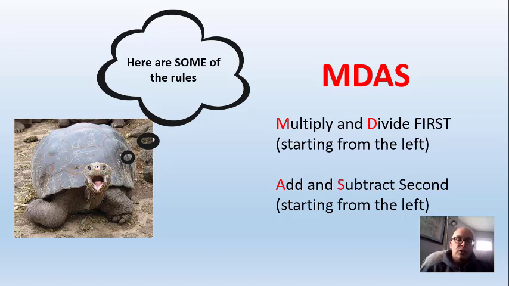When you read a book, you start from the left and you go to the right. So which is first, the multiply or the divide? You look and you see. Same with add and subtract. You decide which to do first. If the subtracting is on the left-hand side, then you do that first. Okay, so these are the rules for MDAS.